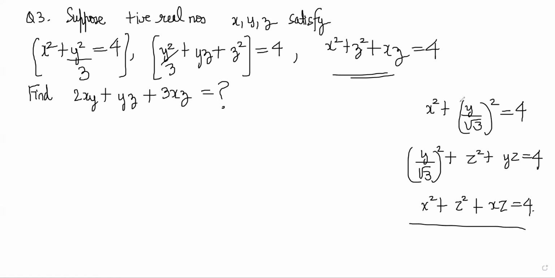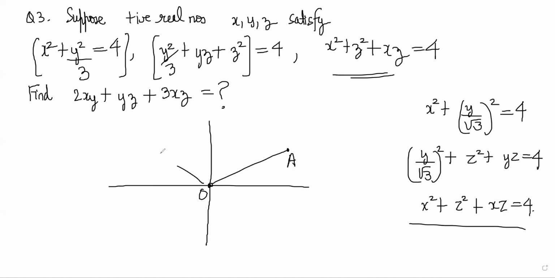Like here you can see that y by root 3 is present in both the equations, and x and z are there. So what we will do, it's a tricky idea, but the idea is pretty simple. Once you realize the idea, it seems pretty obvious. So we will draw an xy plane, and this is the origin. Let's draw OA like this, OB like this, and OC like this.